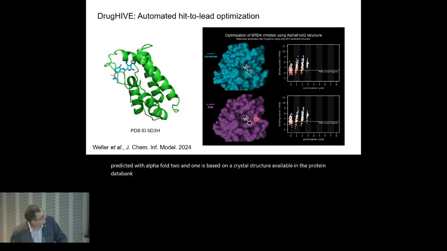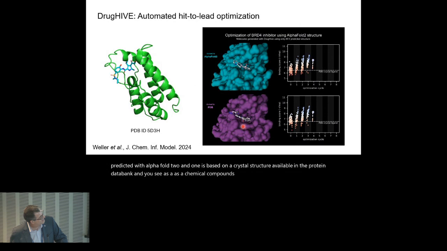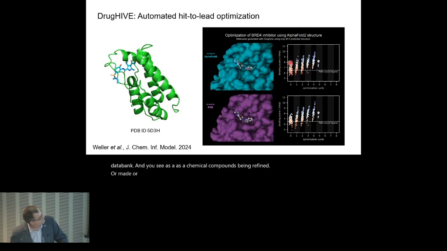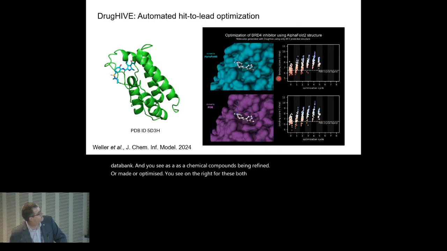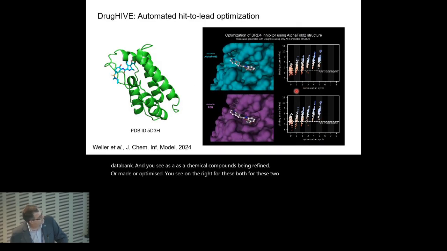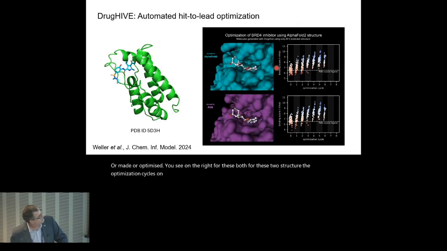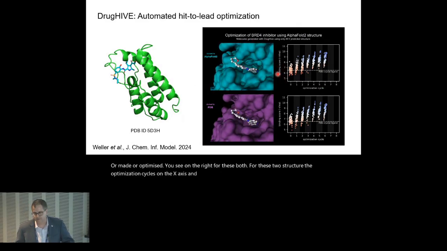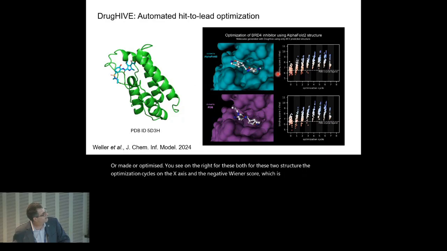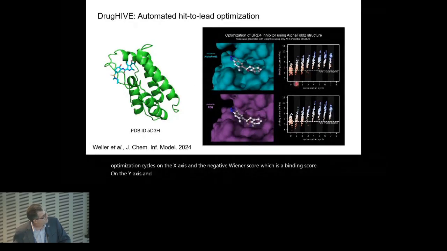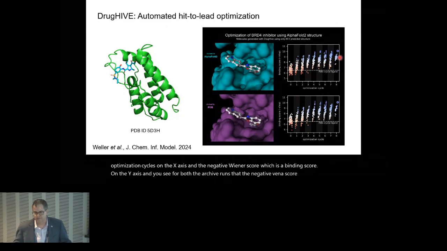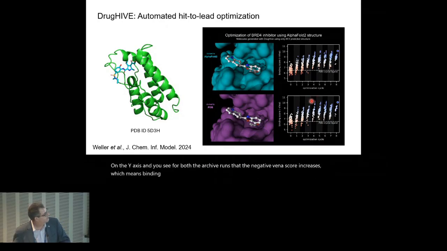And you see, as a chemical compound is being refined or made or optimized, on the right for these two structures, the optimization cycles on the x-axis and the negative Vina score, which is the binding score, on the y-axis. And you see for both DrugHive runs that the negative Vina score increases, which means binding becomes better optimized.